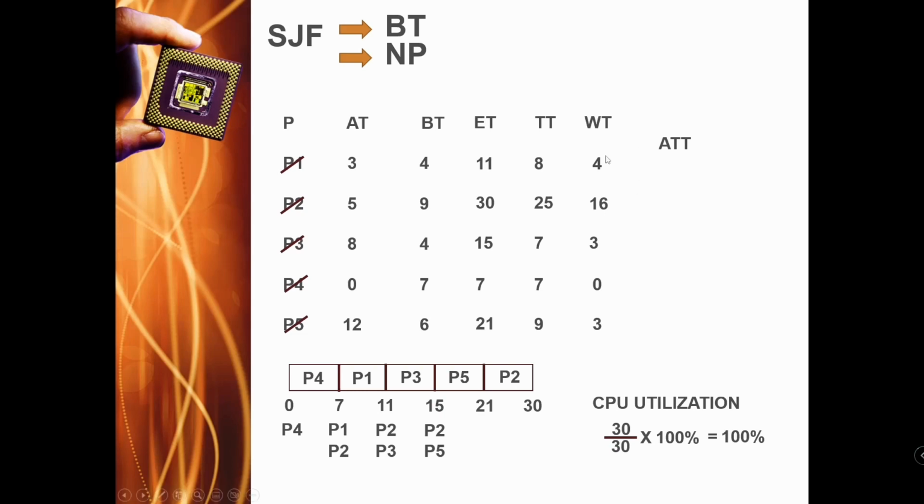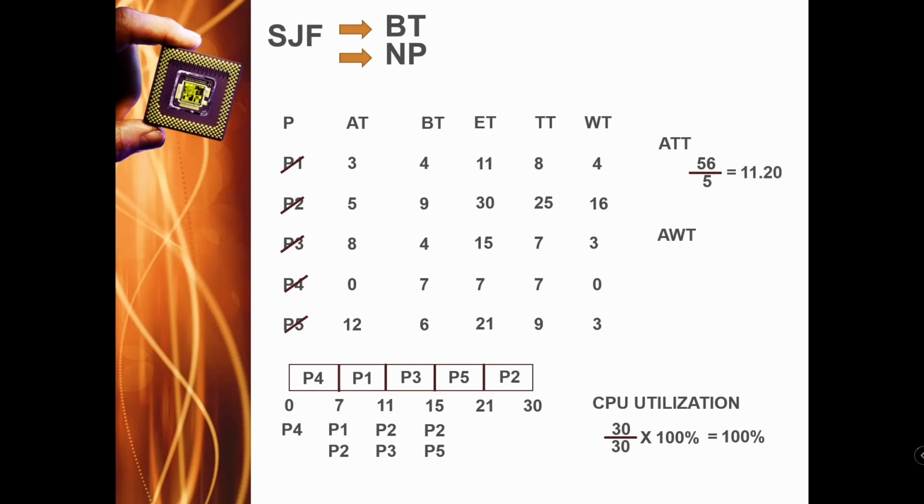So ang summation niya ng turnaround time is 56 and then ang number of processes is 5. So 56 over 5 and then ang result niya is 11.20.